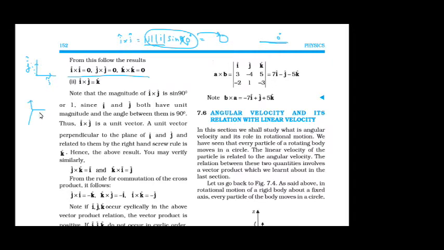So this is x, this is I, this is J, and this is the K unit vector, which is perpendicular to this plane.